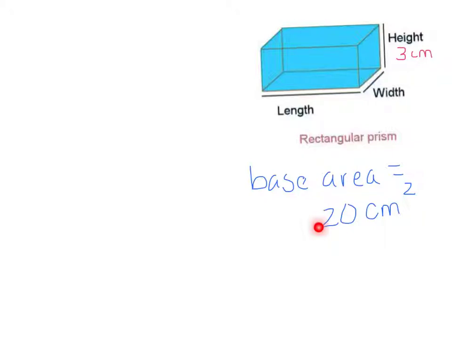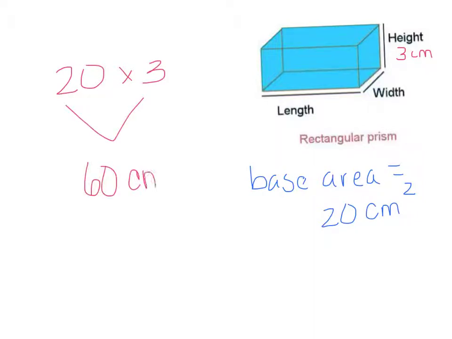And we know that with volume, all we need is this times this times this. So we have our base and we have our missing component. So all you would have to do is multiply your 20, which is your base area, times your 3. So what's 20 times 3? Well, that's 60. And then I have my centimeters. And now because I have a centimeter squared times a centimeter, I would have centimeters cubed.